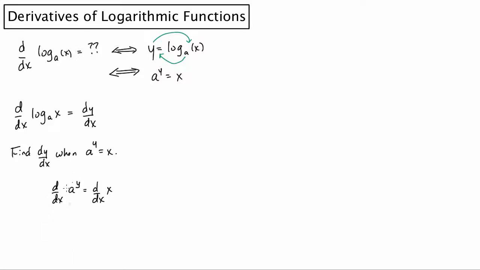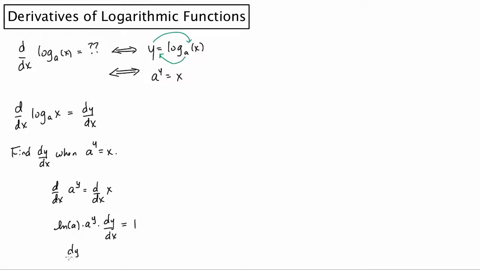And so we know that the derivative of an exponential is the logarithm of the base times the exponential. But then because y is a function of x, I have to also do chain rule on that left-hand side. On the right-hand side, the derivative with respect to x of x is just 1.